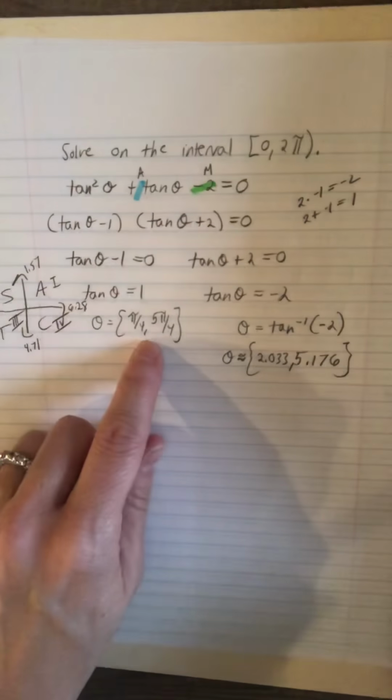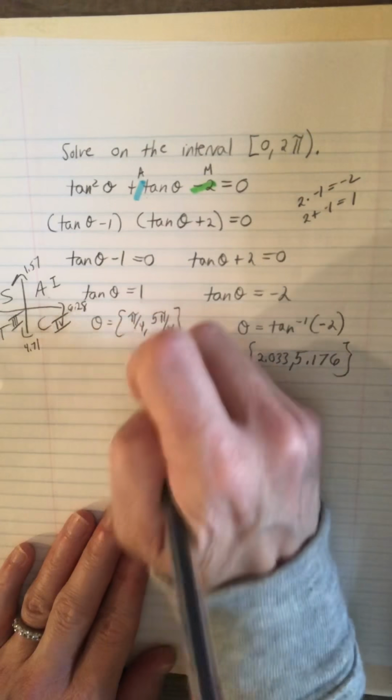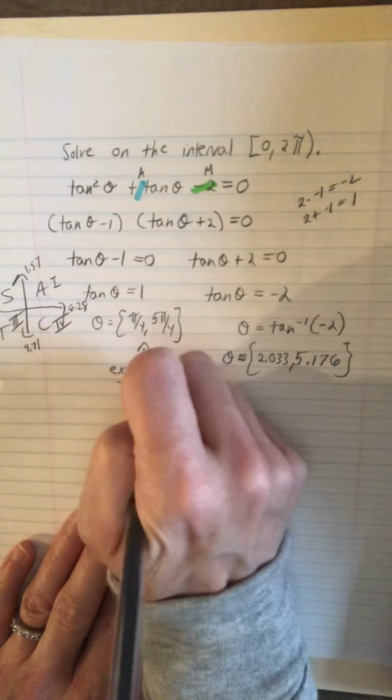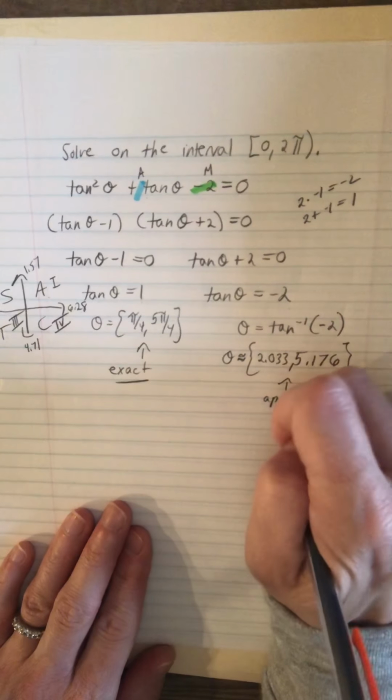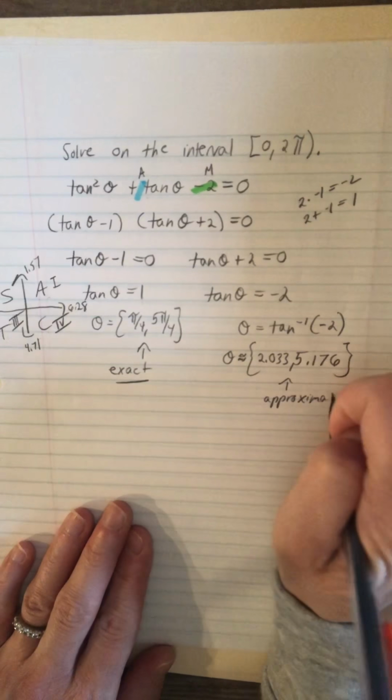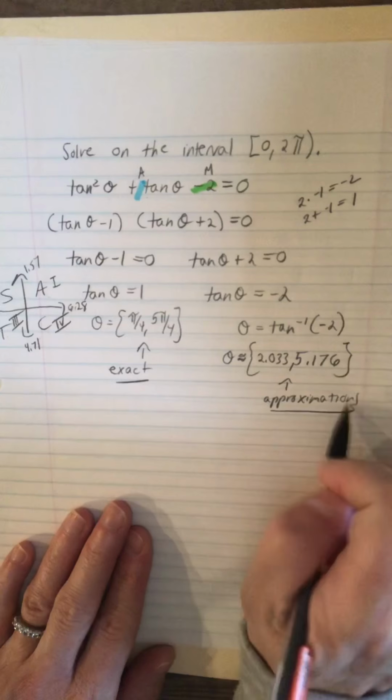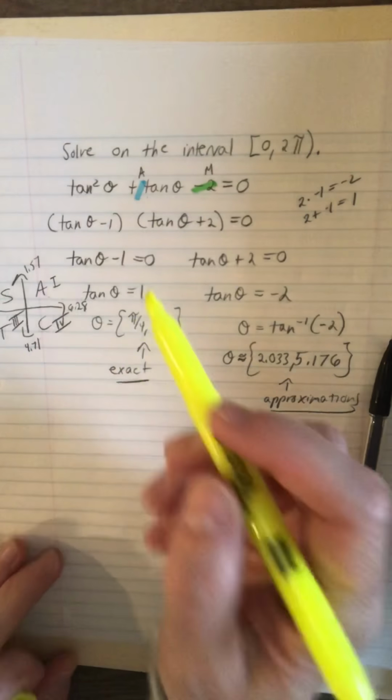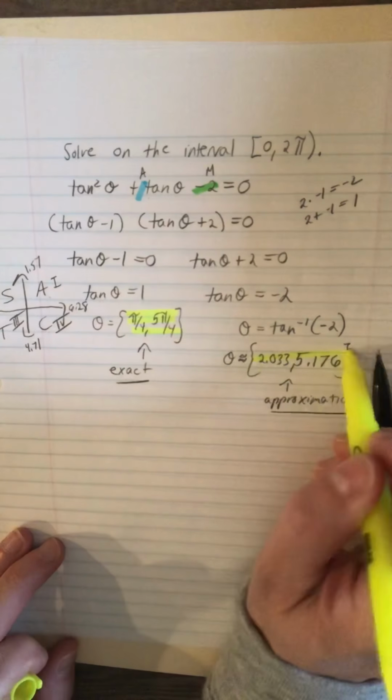So these would be exact solutions that I was able to find, and these would be approximations. But all 4 of them would be solutions to my equation.